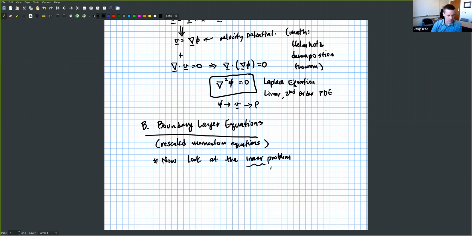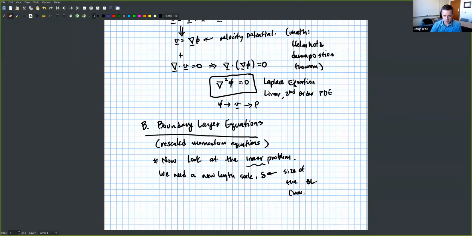Okay, and just like I said before, just to remind us, we need a new length scale, which is delta, which is the size of the boundary layer. Or in other words, the size of the inner region, right?